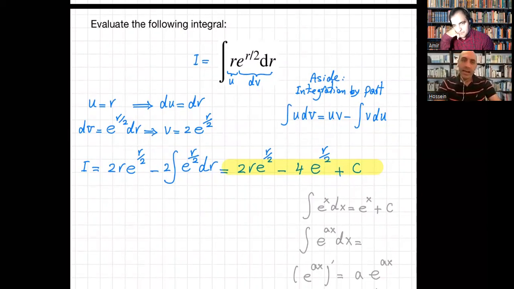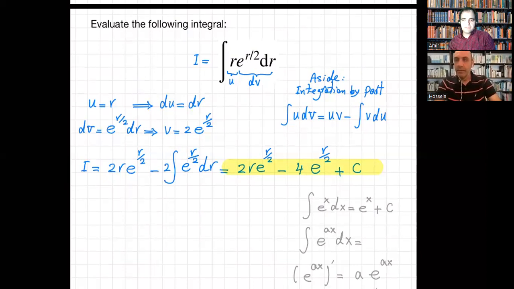And here the polynomial was a first degree polynomial, and you use integration by parts only once. But generally, if the polynomial is of degree n, then you have to use integration by parts n times.